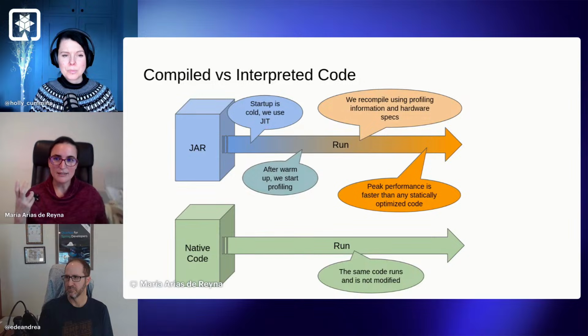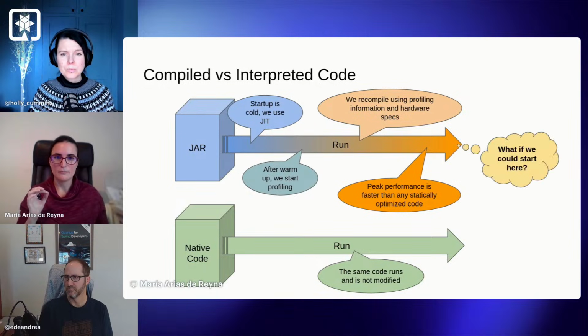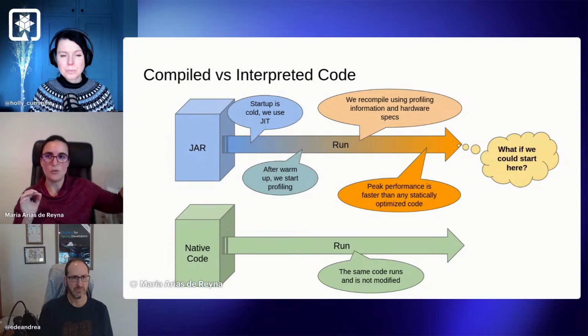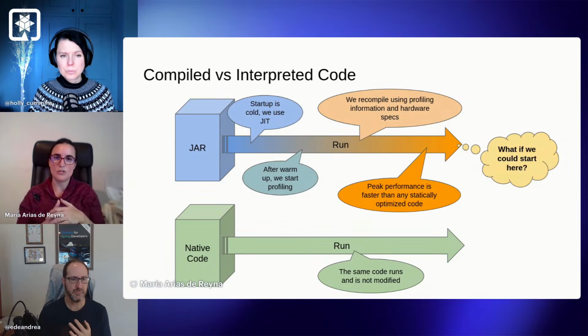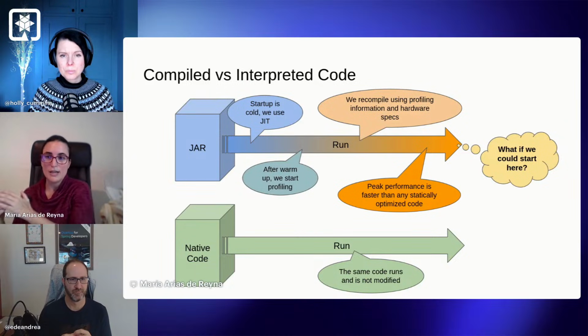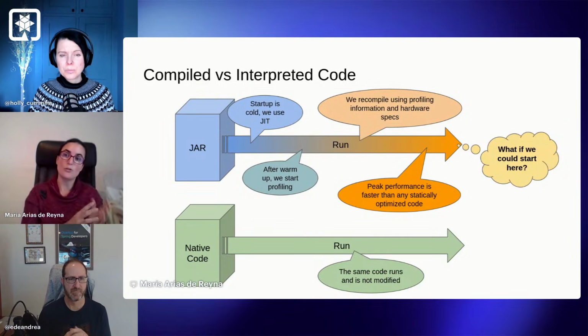And with this in mind, this is what the people in the OpenJDK team, the architects of Java, thought: well, what if we could start at the end of the warmup? What if we could somehow get all this information at the beginning, and instead of starting cold, we can start already hot?